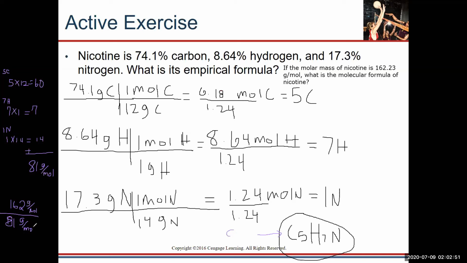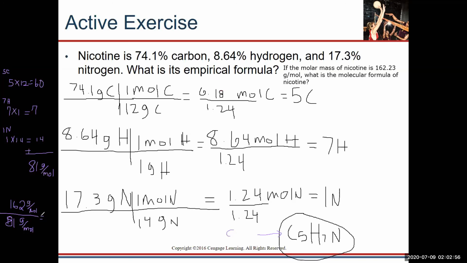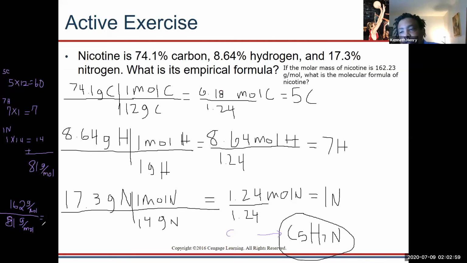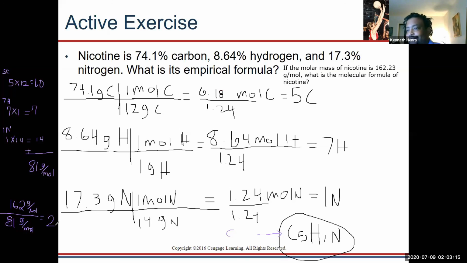That's what you're saying, right? That's what it sounds like I'm saying. Good question, Jessica. So, 2. Okay. So then this gives me the integer that I'm going to be multiplying my empirical formula by, to get my molecular formula. So if I multiply all of these numbers by 2, my molecular formula is going to be what?